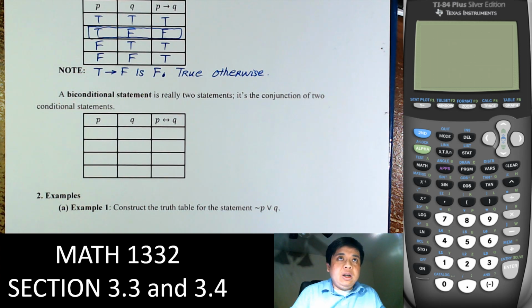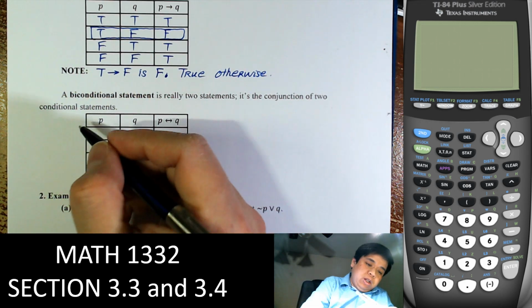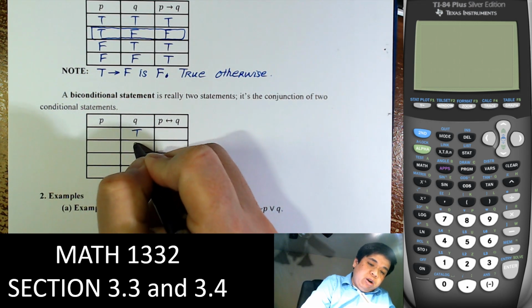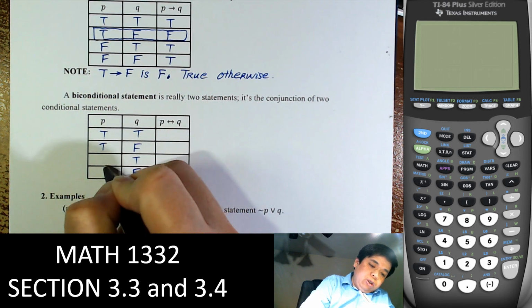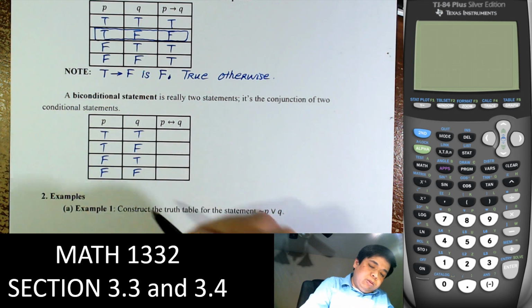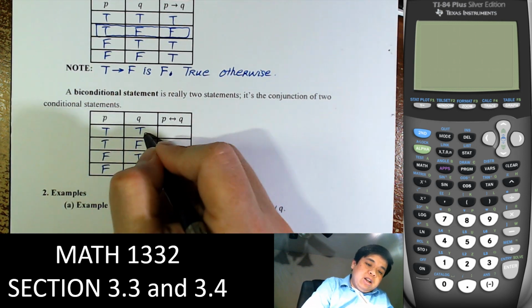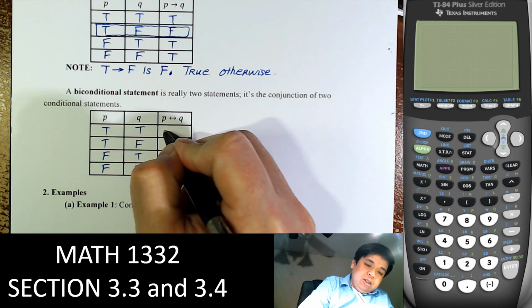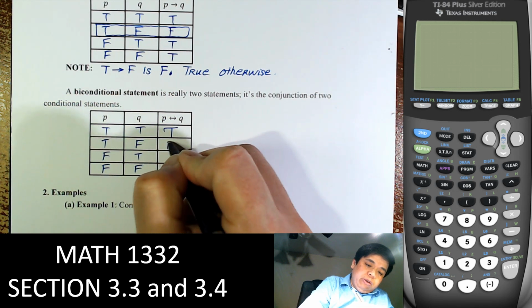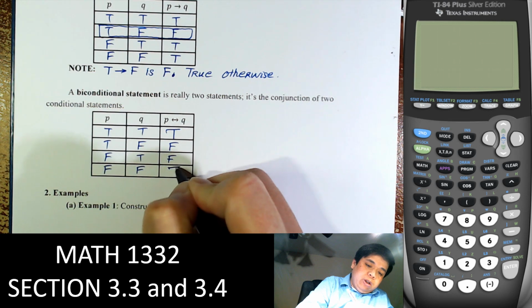The biconditional statement is really just two statements, and both of them are conditional statements. So once again, all the different scenarios: true, false, true, false, true, true, false, false. Now they are equivalent if they have the same truth values: true, false, false, and true.